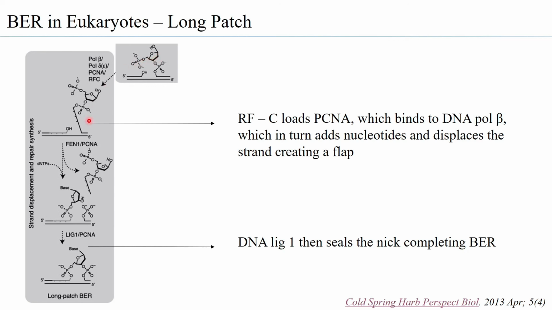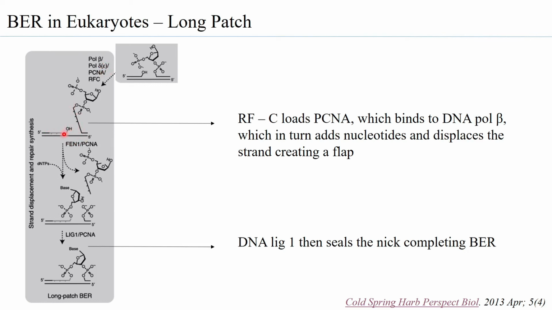So what happens is that using this double strand that is present over here, RFC is going to load PCNA. And this PCNA is going to bind to the pol beta or to the pol delta epsilon, any of the polymerases, and it is going to introduce new nucleotides by displacing the existing strand.